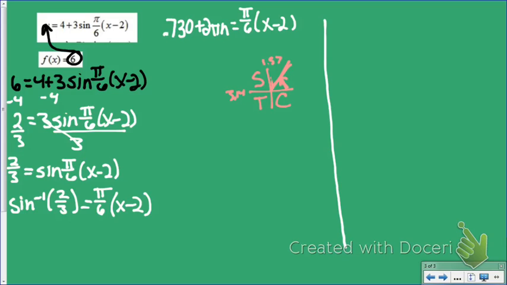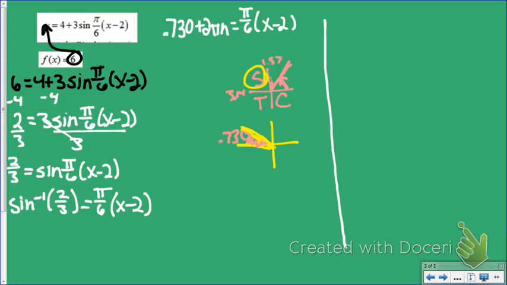So that's the answer it gave me. What I need to think about now is my second answer that the calculator didn't give me. That's going to be in the other quadrant where sine is positive, the second quadrant. So I'm going to have the same reference angle in the second quadrant, and the reference angle I just found was 0.730.